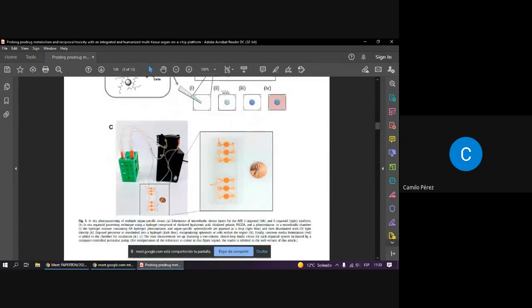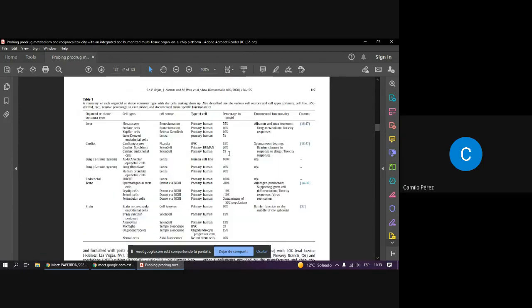You can see the continued cell culture in the organ-on-a-chip platform for approved drugs.